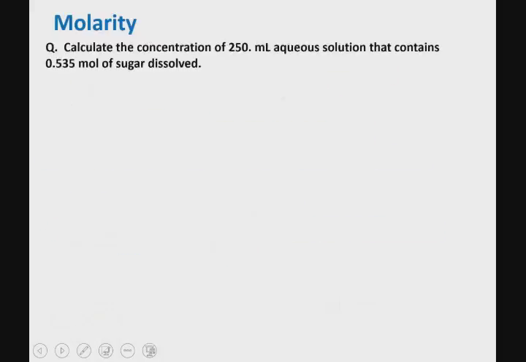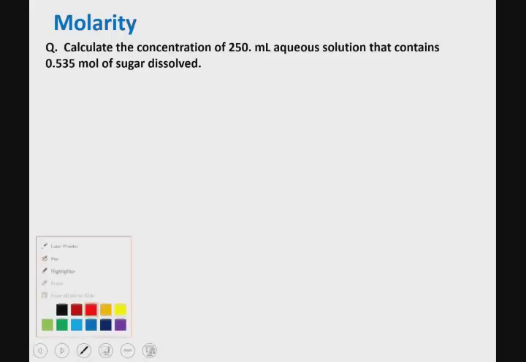So when you see a problem such as this, where we are asked to calculate the molarity, concentration, and of course, since we are only dealing with molarity as the unit of concentration, that's the only one we are going to think about. Calculate the concentration of 250 mLs of aqueous solution that contains 0.535 moles of sugar dissolved.